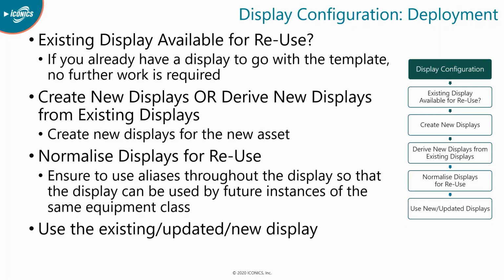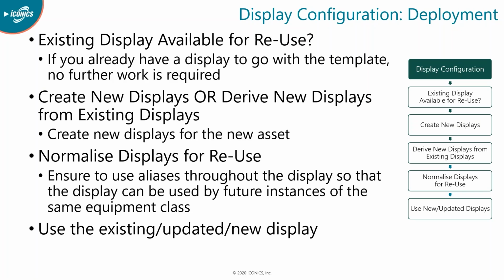The next step is to look at what you have from a display point of view. As part of your deployment, you've created an asset, be it a conveyor, a water station, or a chemical vessel. You may already have a display that contains all the relevant details for that, and in that case you can reuse it. As soon as you reinstantiate the template, it will automatically reuse the display.